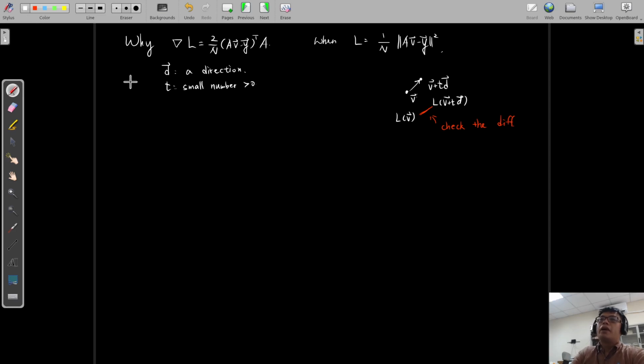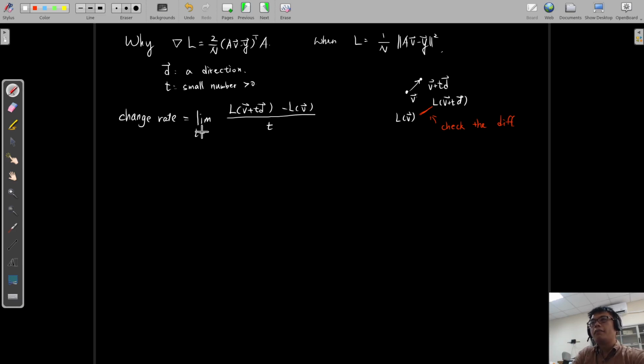So the change rate, if I go along the d direction, is going to be this difference divided by how much I move, right? If I move a little bit and then it increases a lot, then it means the change rate is large. And in the end, this is how calculus works.